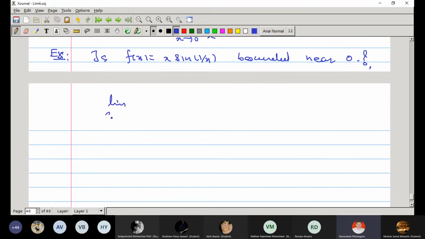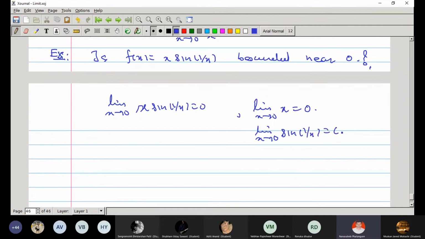So limit x tends to 0 of x sine 1 by x is 0. Even though for sine 1 by x the limit does not exist. Also note that limit x tends to 0 of x is 0, and limit x tends to 0 of sine 1 by x does not exist.